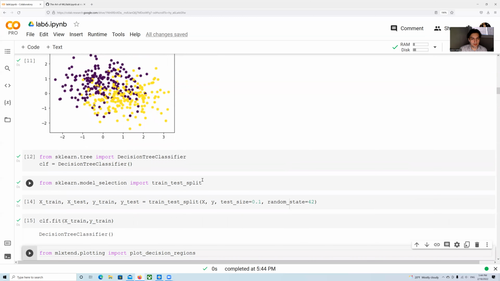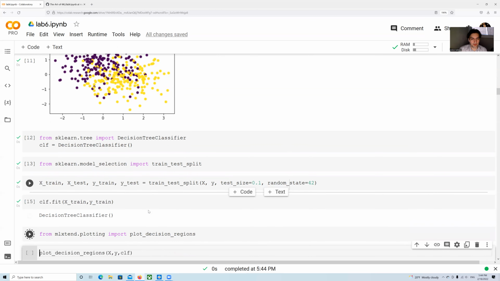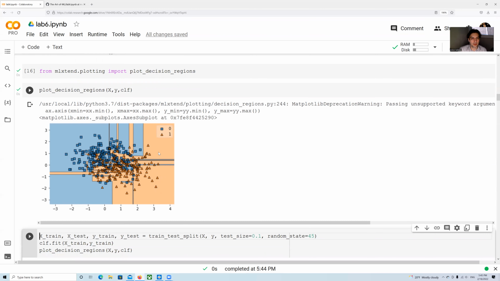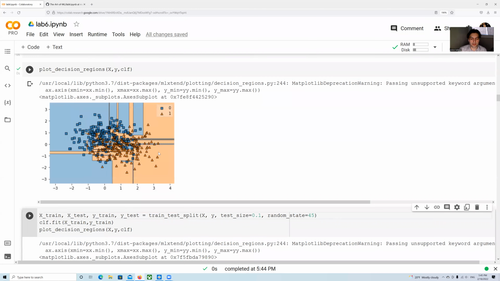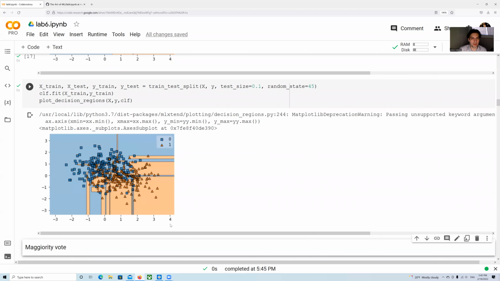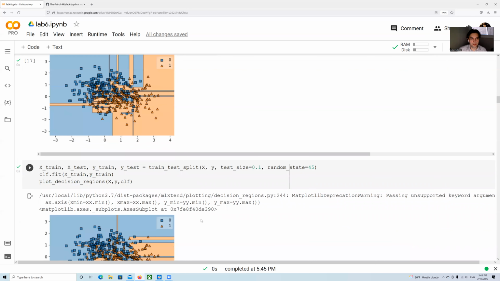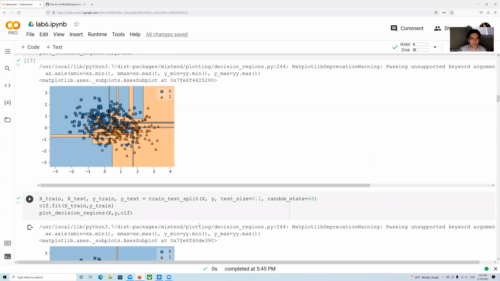Let's see, there is a function plot_decision_regions, which will show the decision boundaries of our classification. So this is the result for the first tree or expert, and now we split again our data set and train a new decision tree, and we see that their predictions are different.